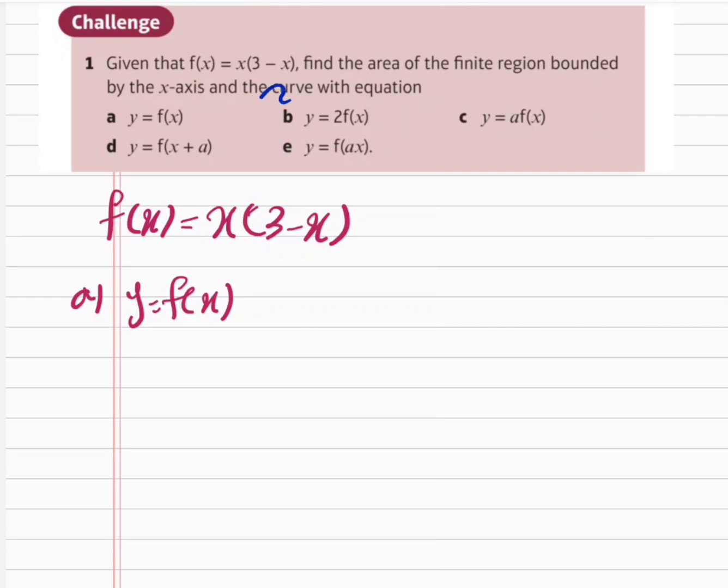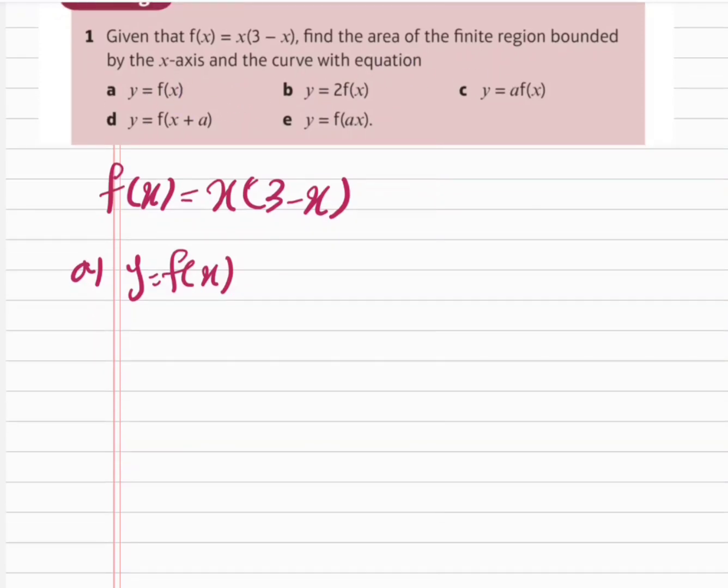So we have this function f of x, which is x times 3 minus x, and we want to find the area of the finite region bounded by the x-axis and the curve with the following equations. The first one is just a simple case, when y is equal to f of x, which means y is equal to x times 3 minus x.